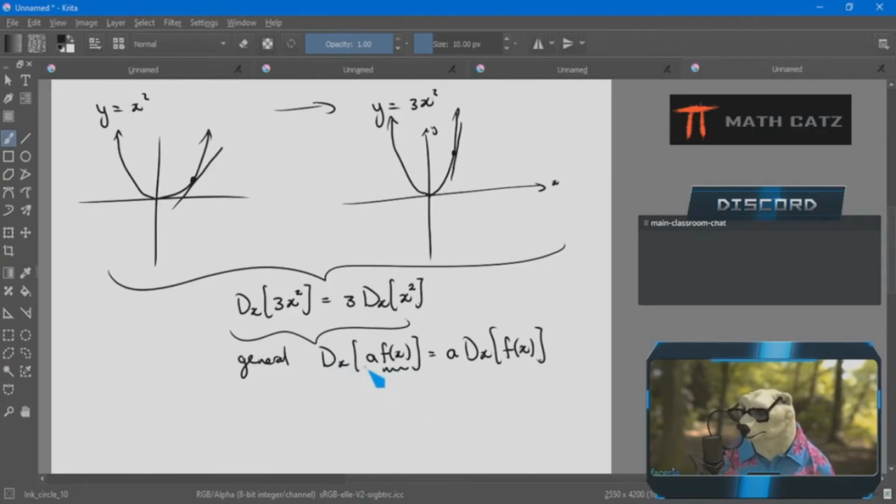And how I simplify it is that number that the function was multiplied by can be in front and multiplied with the derivative of just that function. Because what this does is a stretching of whatever I had, and the slope stretches as well by the same factor. Of course, this is not a proof in any way.